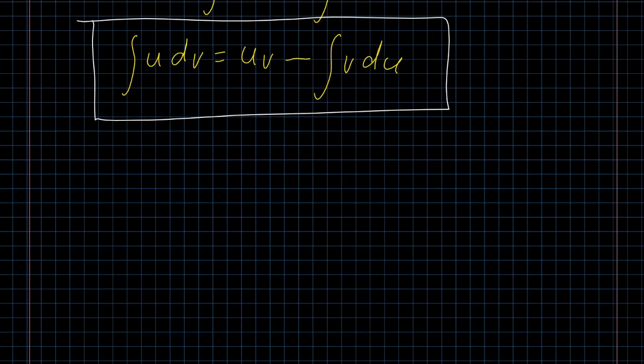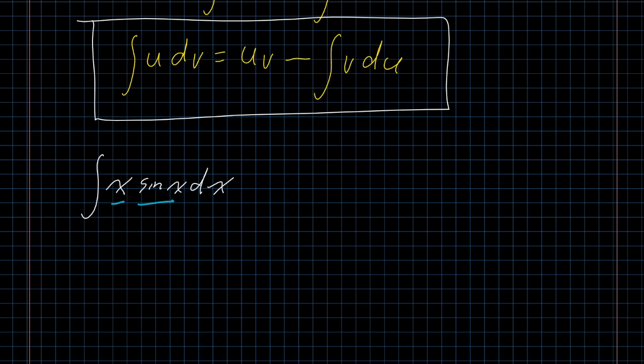Now, when you are looking at an integral, for example, the integral of x times sine of x dx, I immediately recognize that I've got two functions being multiplied together.